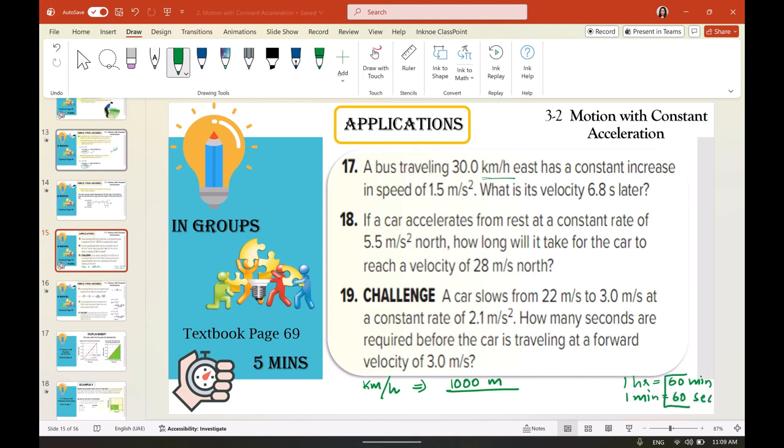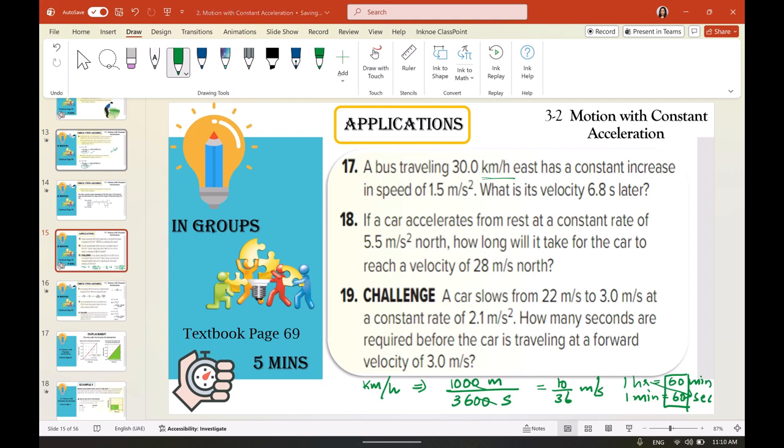So 60 multiplied by 60 is 3,600 seconds. If you solve it, you will get 10 divided by 36, or solve it in the calculator. Once you get it, you will have it in meter per second.